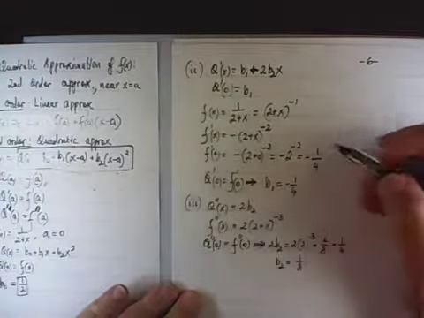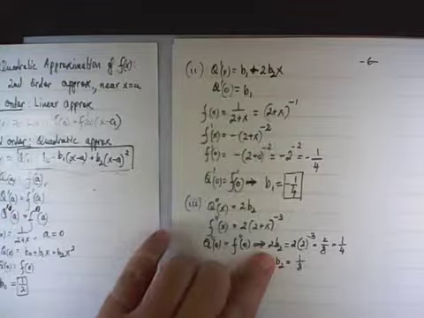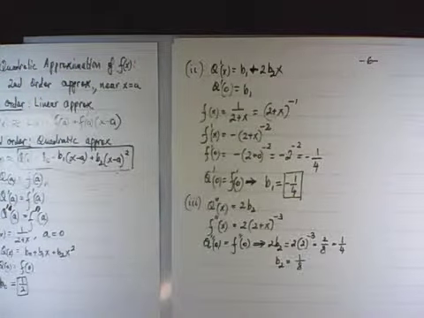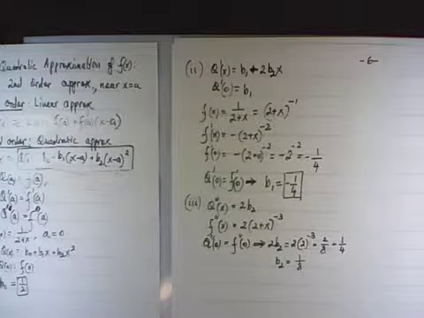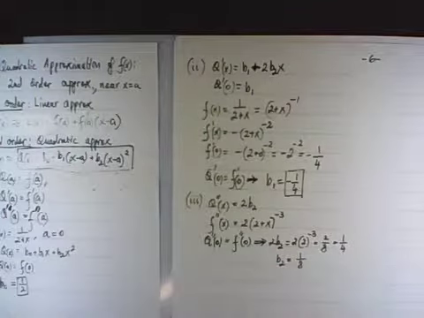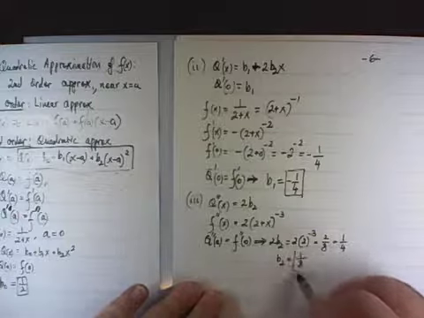b1. Where did the 1/8 come from? Because it's 2b2. 2b2 equals 2 times 2 to the negative 3, which is 2 divided by 8, which is 1/4. But we have 2b2 on the left side, so we divide by 2, it becomes 1/8. So here are the values.